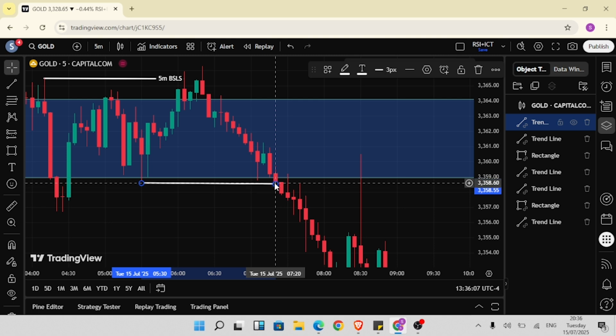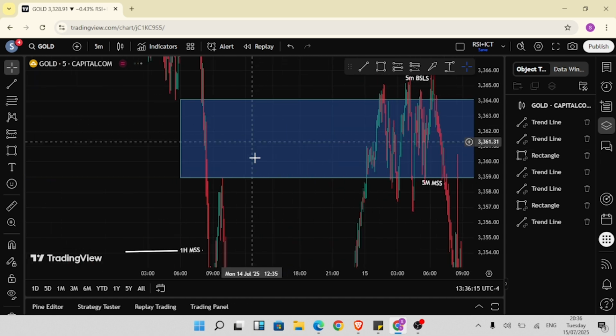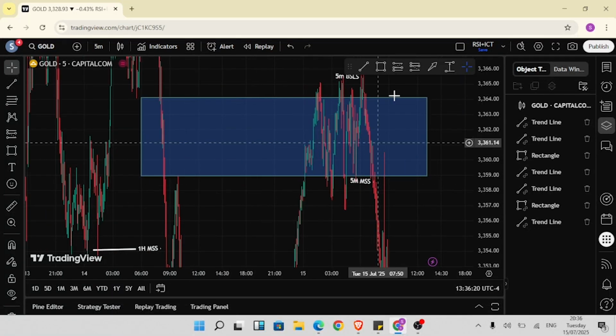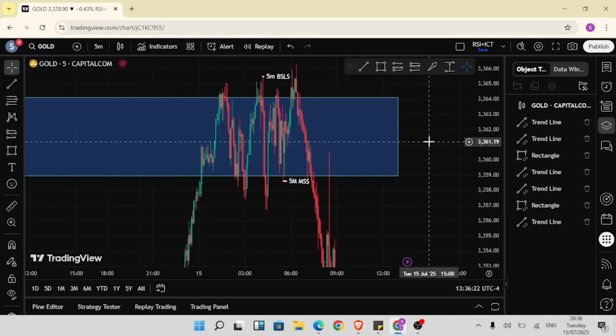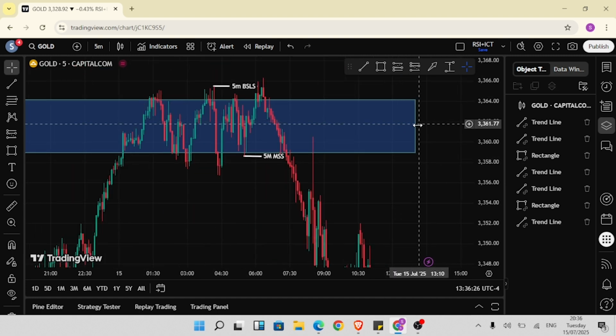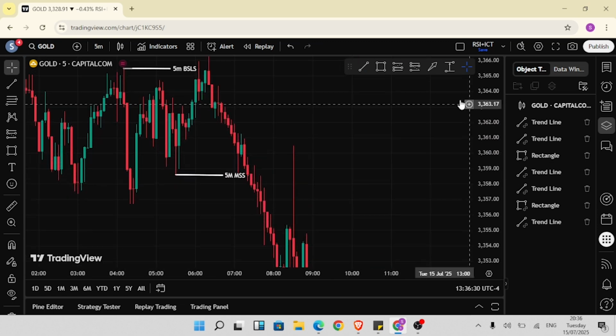Okay, so this is a 5-minute market structure shift. Now this is a 1-hour breaker block, okay, and price is reacting off it. Since this has served its purpose, we can get rid of it and look at what price is doing here.